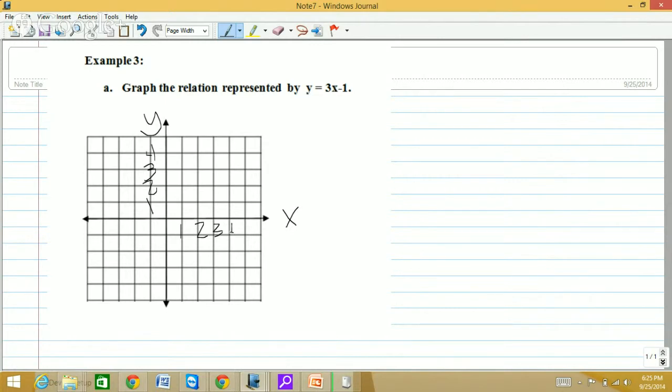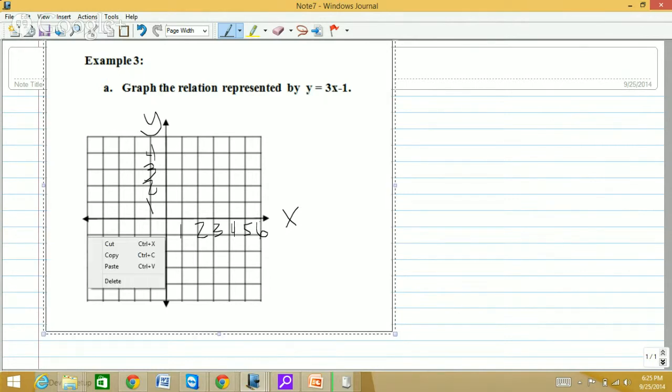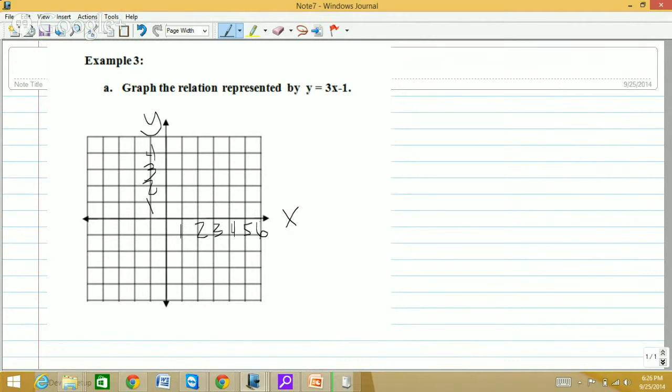So I'm not going to label any more of my graph today because I'm a monkey with a crayon right now. But I'm going to put my dot at my y-axis. So right there at -1, that's where I'm going to start.